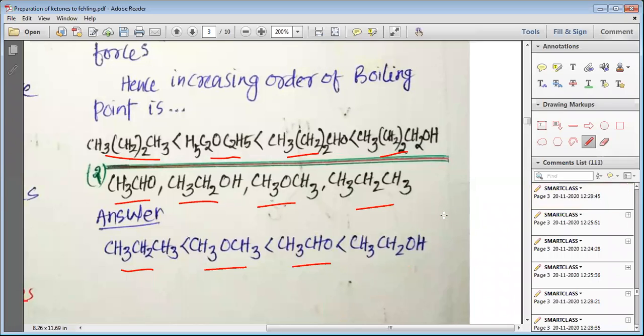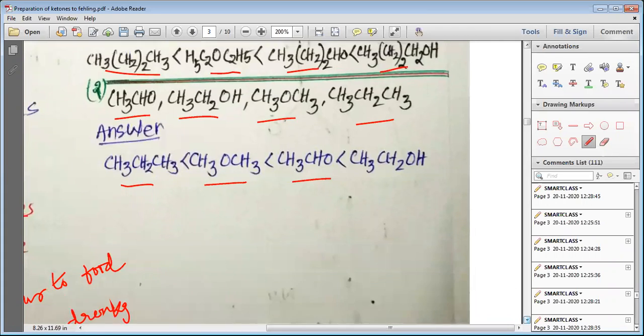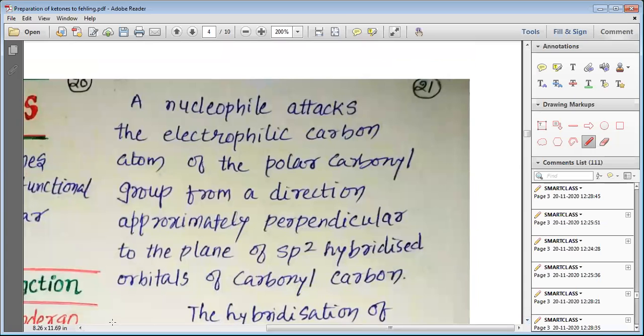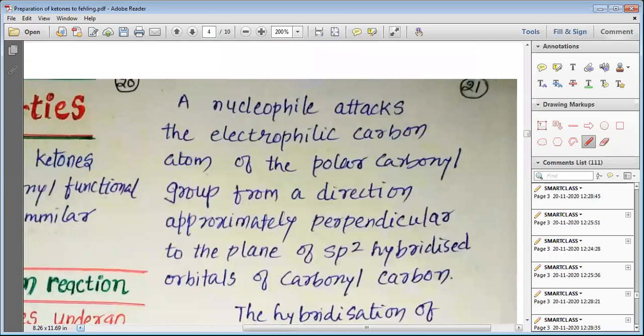This is how we can easily understand the order alkane, ether, aldehyde, and alcohol. Please remember and learn this, my dear students.